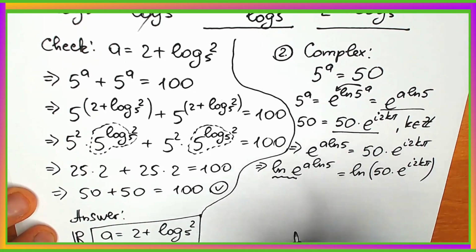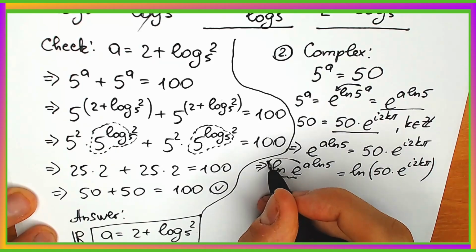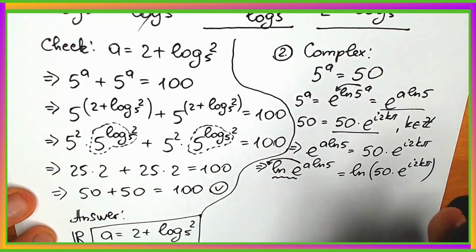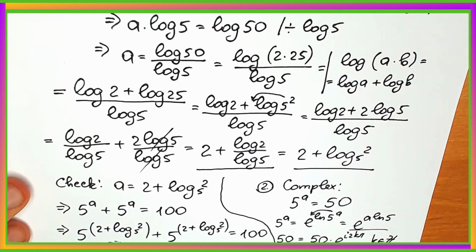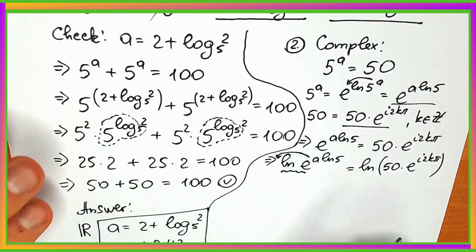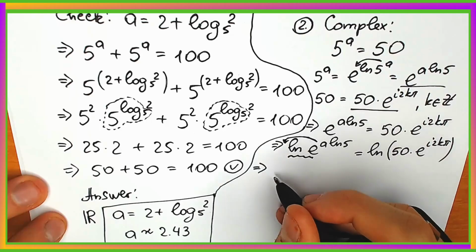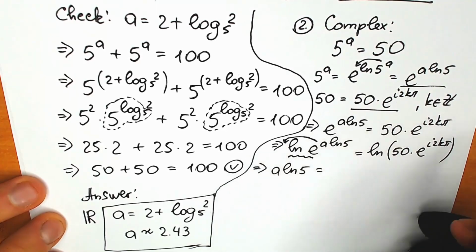Natural log of e equals 1, and this power we can write in front of the natural log in terms of the power rule. I showed this rule multiple times before, so we can easily use it. So we have only a natural log 5 on the left side.